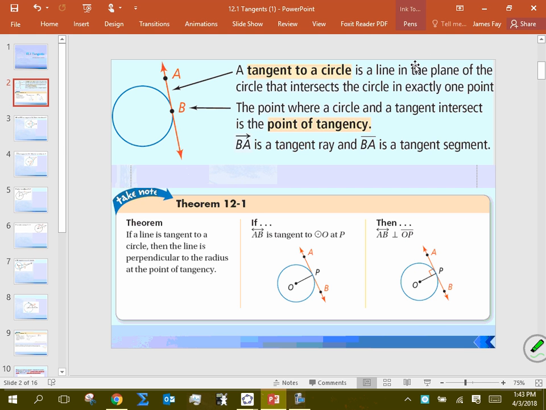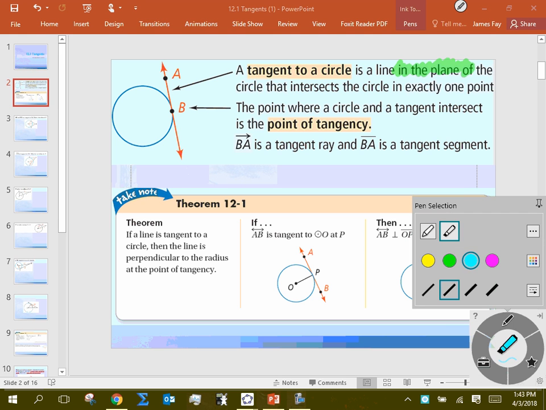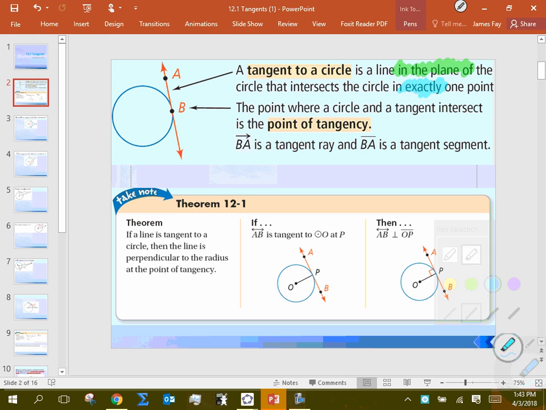In the plane of is a huge phrase for this definition, and the word exactly is another key term. Leaving those phrases out will change the type of line or segment that we're dealing with. So those two things need to be met.